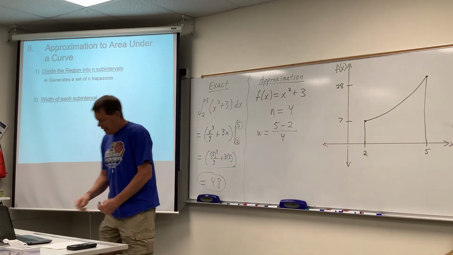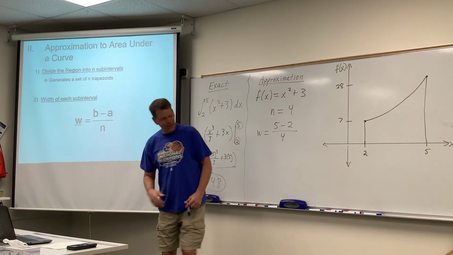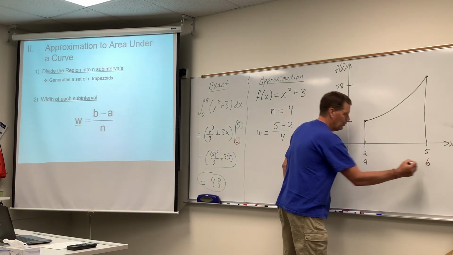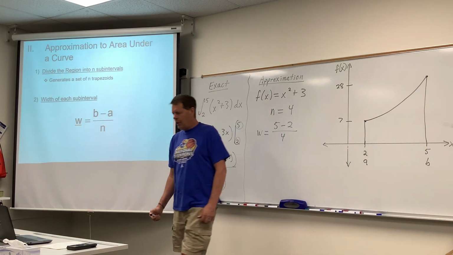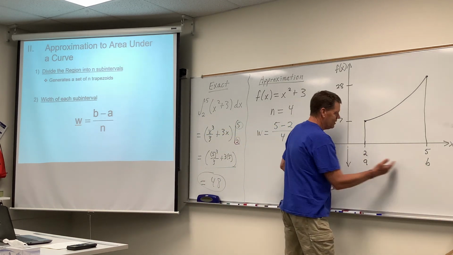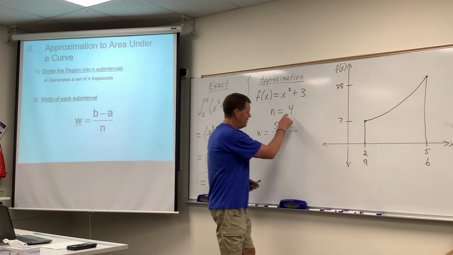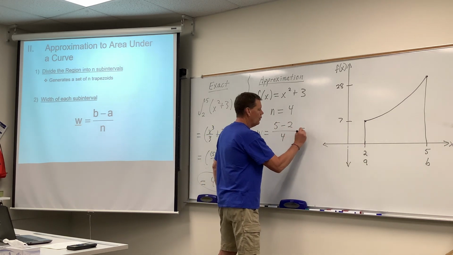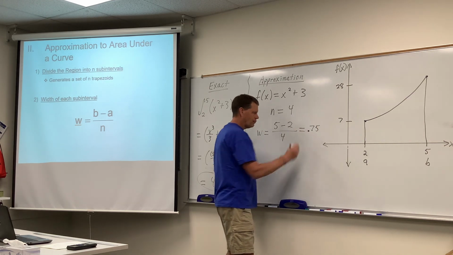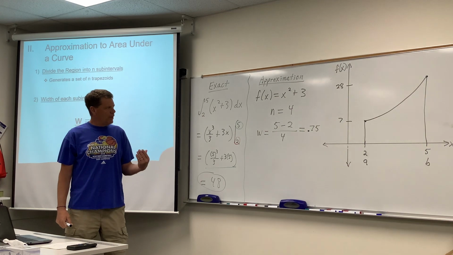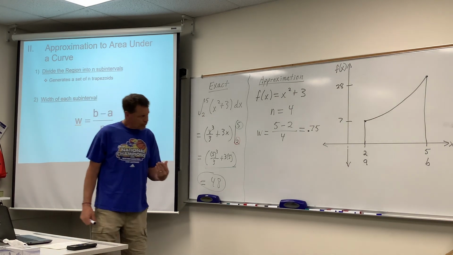In general, it would be (b minus a) over n. Remember, we in general have called this a and b here, haven't we? I should have put that up earlier. But wouldn't you take the width of the interval, which is b minus a, and divide it by the desired number of subintervals? That's 3/4, otherwise known as 0.75. So each one of these subintervals is going to be a width of 0.75.